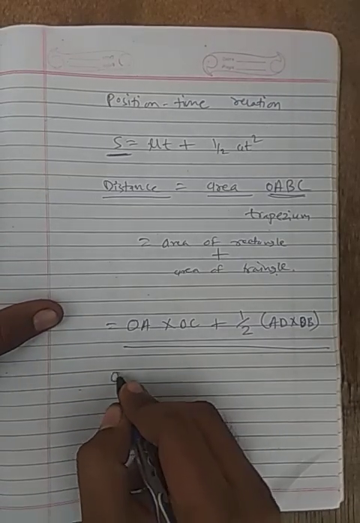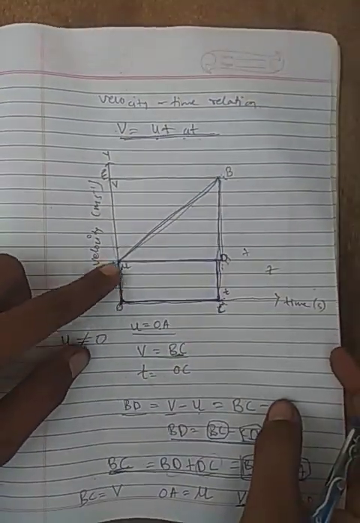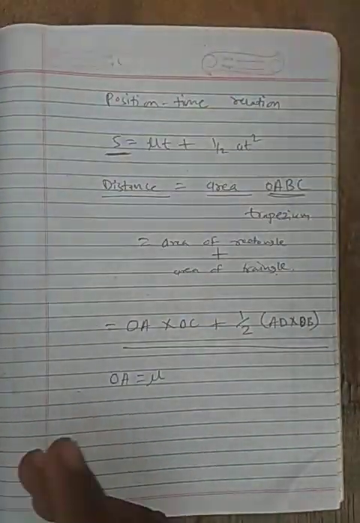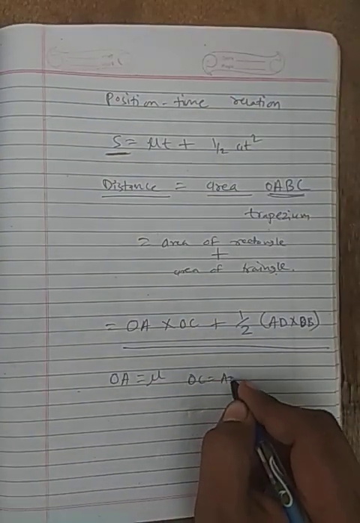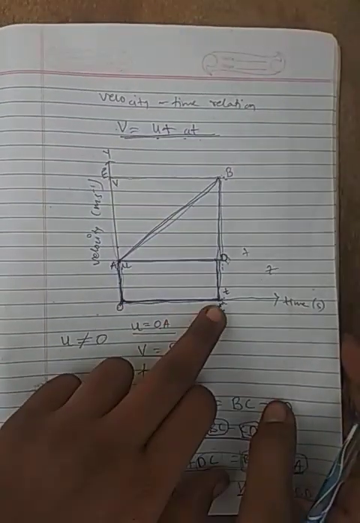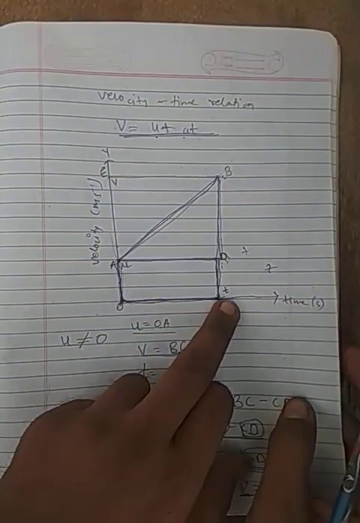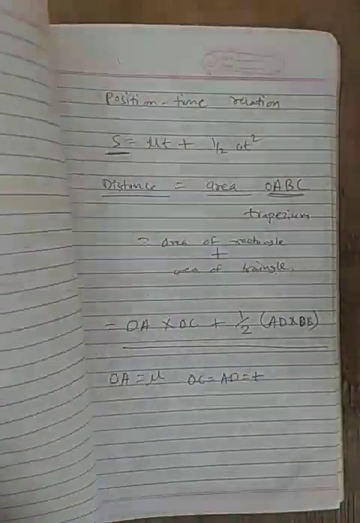Now if we substitute OA is equal to U, we know that OA is the initial velocity. We have also written U here. OC is equal to AD, or you can say time also, it is the time taken by the object.